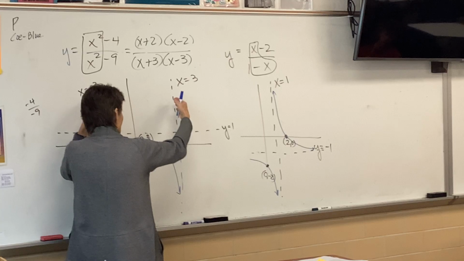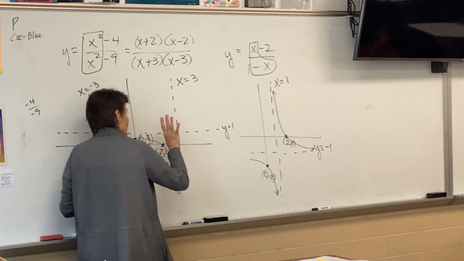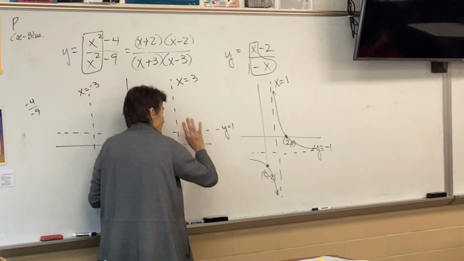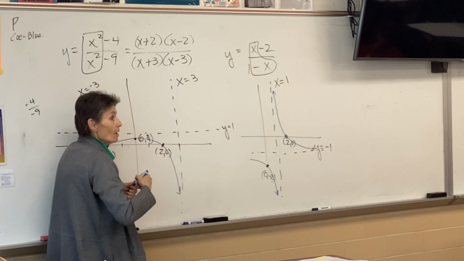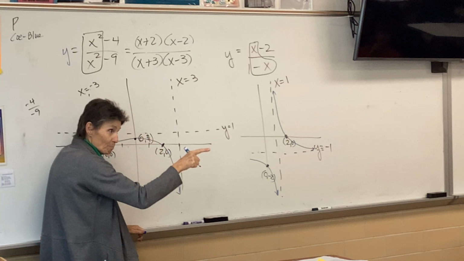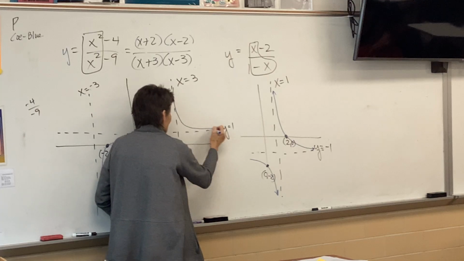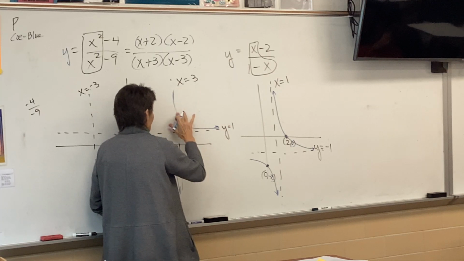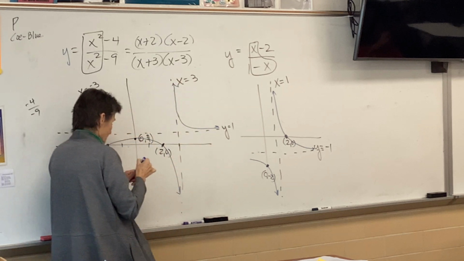We have done the part between the asymptotes. What do you think's happening out here on this side? Any idea what's happening out here in this space? It's this one. You still got the line. No, but sort of. It looks like this. Very rare. It looks like this.